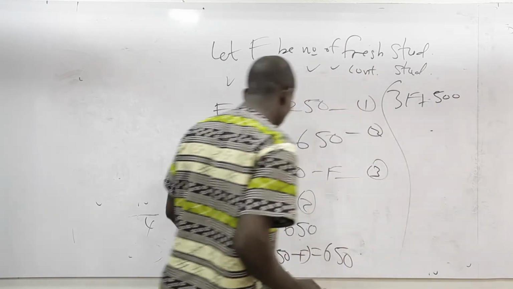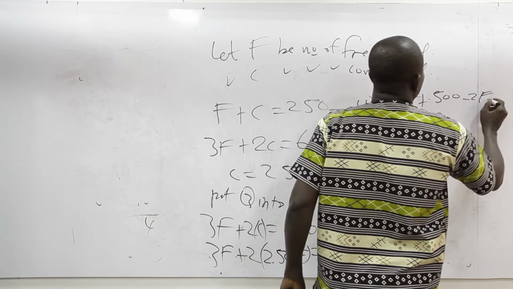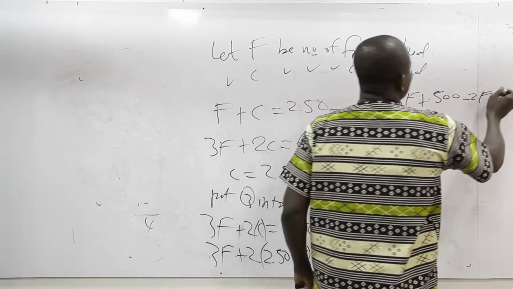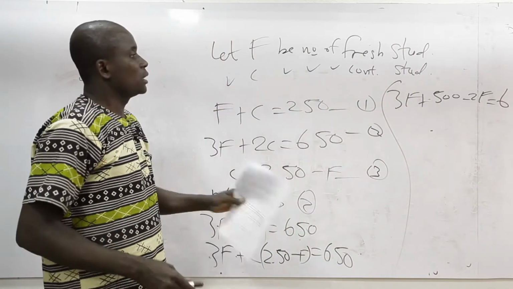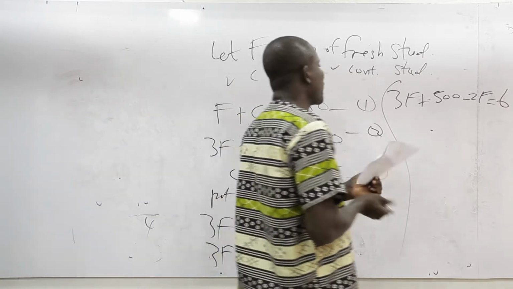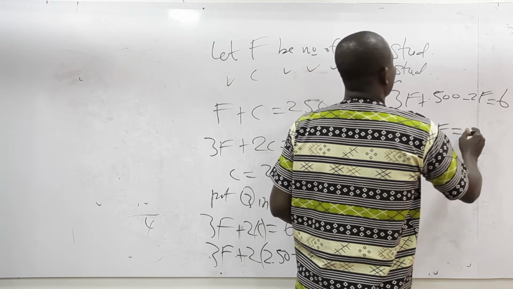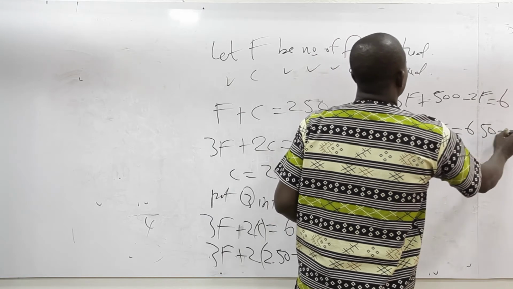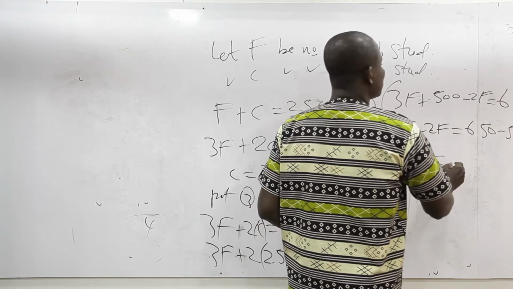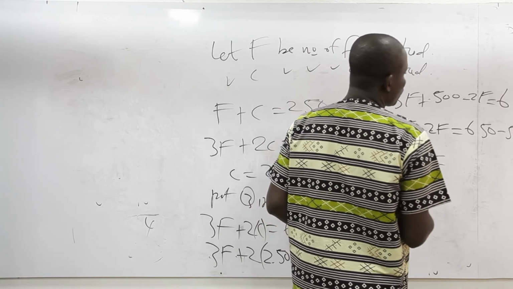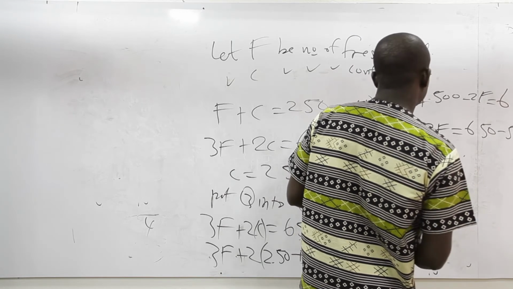Is it 500? Minus 2F is equal to 650. Look at it. Okay, so we have 3F minus 2F is equal to 650 minus 500. And here F becomes equal to what? F is equal to 100, and is it 150?